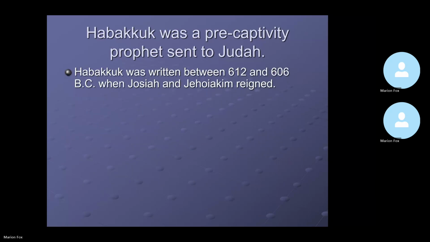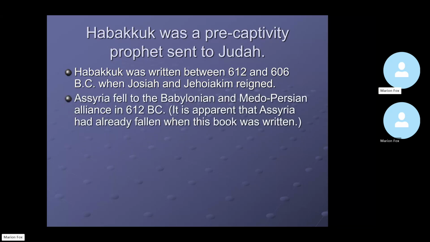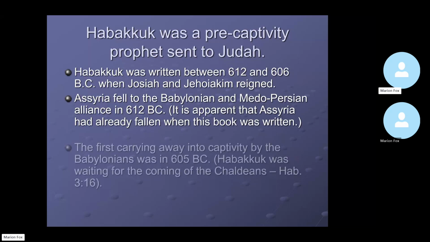Habakkuk was written between 612 and 606 BC when Josiah and Jehoiakim reigned. Habakkuk the prophet was a pre-captivity prophet. Assyria fell to the Babylonian and Medo-Persian Empire in 612. It's apparent that Assyria had already fallen when this book was written, so it's after 612.